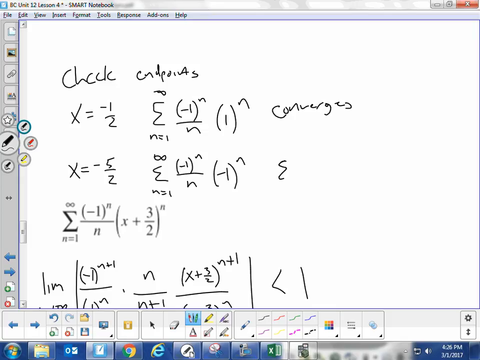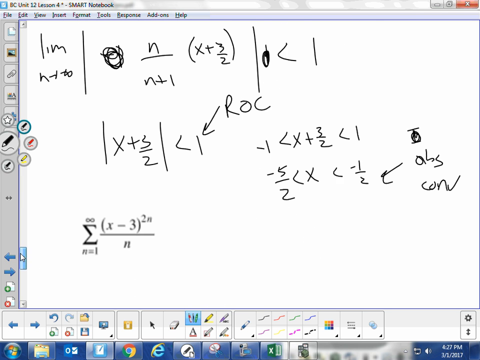We'll find while we test the endpoints that we'll typically get an alternating harmonic series and a harmonic series. One will converge, one will diverge. This is the harmonic series that diverges. So we converge at -1/2. We diverge at -5/2.